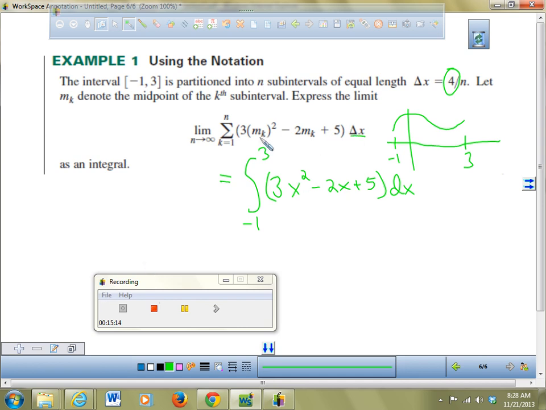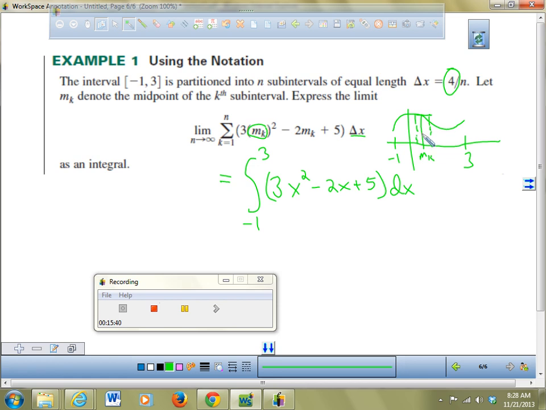What is MK? That's the midpoint of one of the rectangles. So if this is a rectangle right here that you're finding the area of, MK is the midpoint of that particular rectangle.